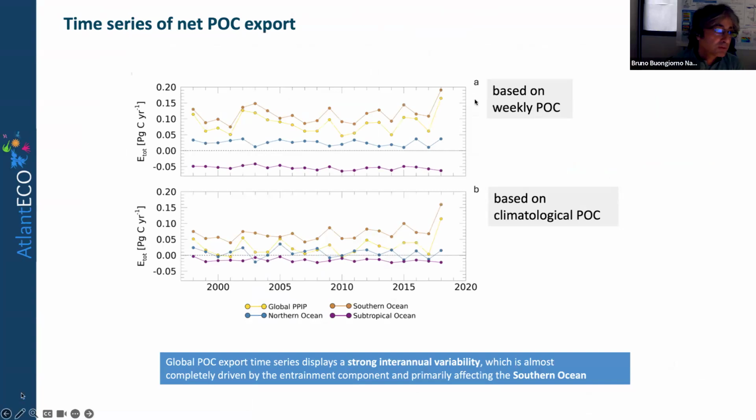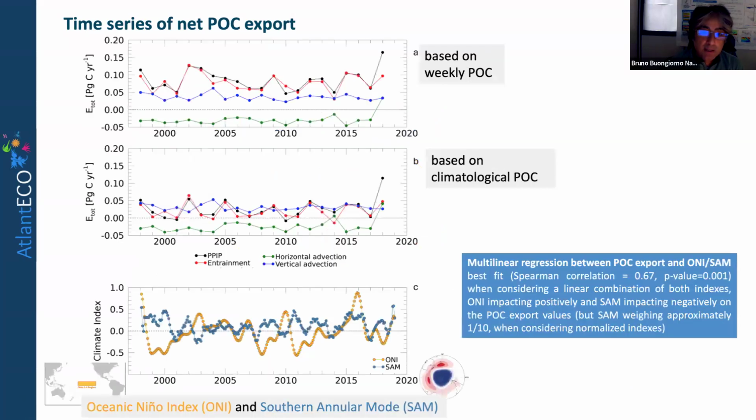One thing I want to highlight here is that what you see on top is the estimate of the export over time based on the weekly data that we have. But if you did the same calculations using a climatological POC, you get much lower numbers and almost no interannual variability. So it's fundamental to be able to resolve the seasonal dynamics of POC to assess the export correctly.